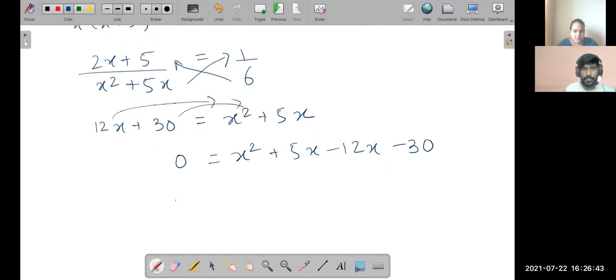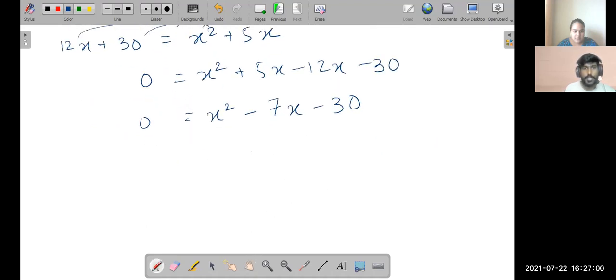So x square minus 7x minus 30 is equal to 0. Now we got this quadratic equation, which you can solve by any method.